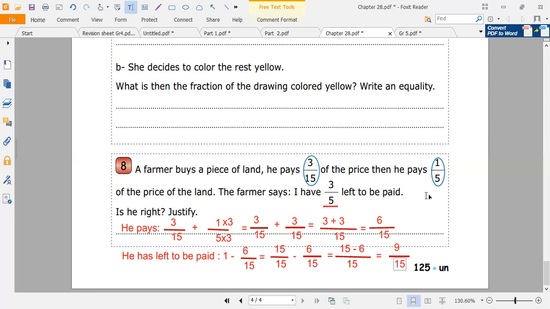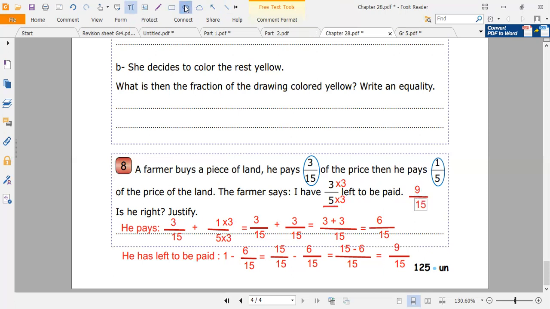We have to reduce them to the same denominator. 15 is a multiple of 5, so we multiply this fraction by 3. We get 3 times 3 is 9, 5 times 3 is 15.